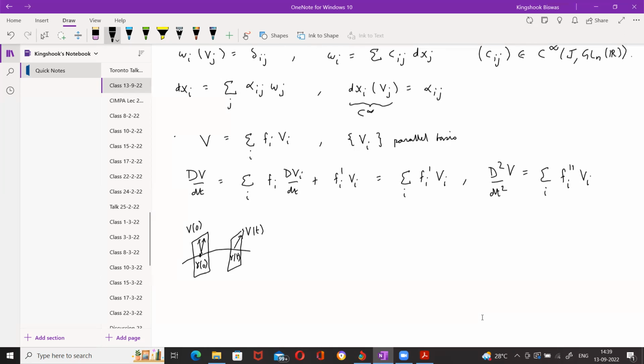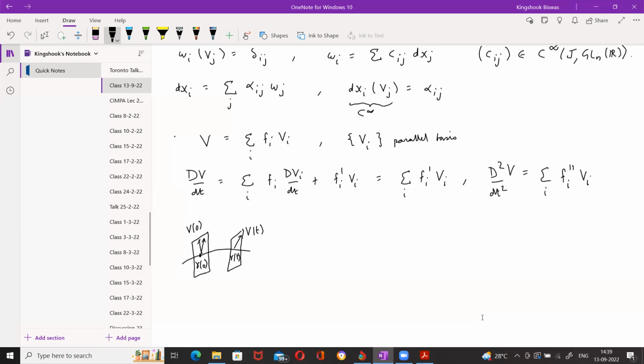When I'm differentiating a vector field along a curve, what is the problem? The problem is that my vector field takes values in different tangent spaces, right? In order to differentiate it, you need something taking values in the same vector space. So parallel transport gives you a way to do that.